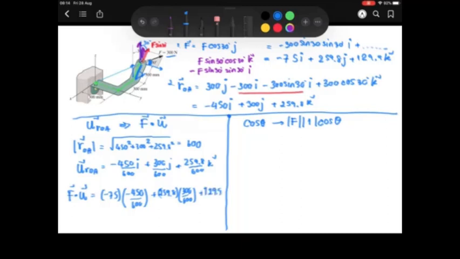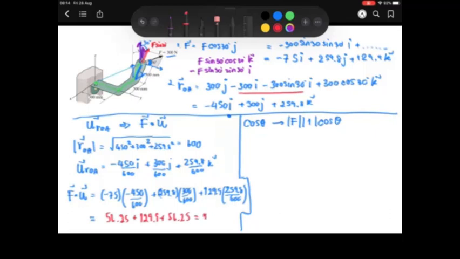So this term will be 56.25 plus 129.9 plus 56.25, which is equal to 242.2 N. So if you use the one unit method to make the dot product, you will get the projected component of F on the line OA equal to 242.2.